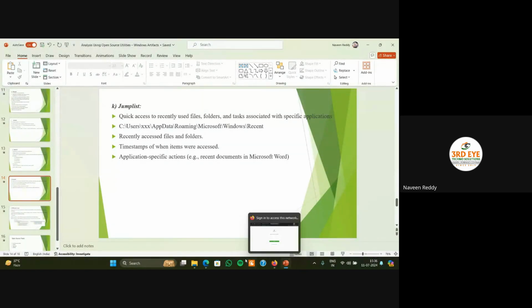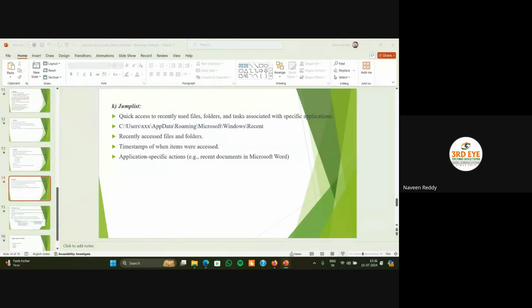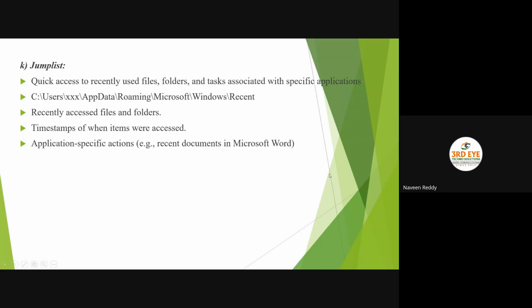And if you want to check another one, see, these are all Jump Lists again, which are pinned to the taskbar, which are frequently used, which are recently used. All these things will be stored in the form of Jump List files, and the location will be C, Users, the particular user, AppData, Roaming, Microsoft, Windows, and Recent.